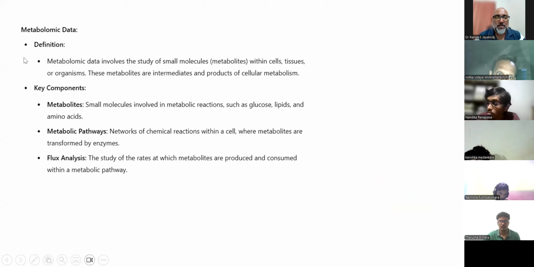If you take proteins, lipids, sugar, maybe small drug molecules, what is happening to these small molecules inside our body, right? And people have collected this data and put it into databases, right? So that is important to us also.